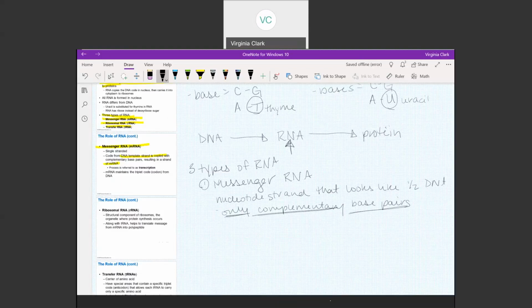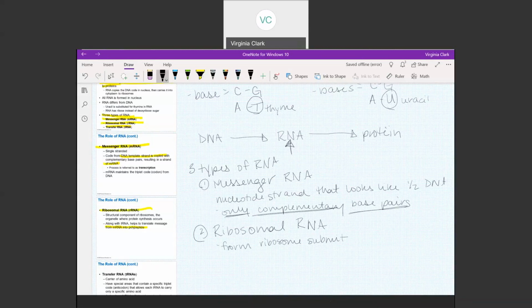Okay, the second type of RNA is going to be ribosomal RNA. Ribosomal RNA is going to form the ribosome subunit. When it's got the ribosome subunit, we are going to take this mRNA up here, and he's going to transfer the mRNA into its actual polypeptide.